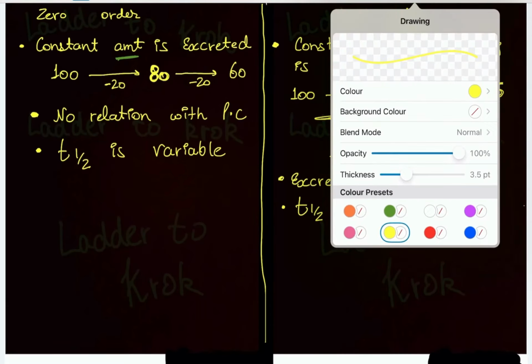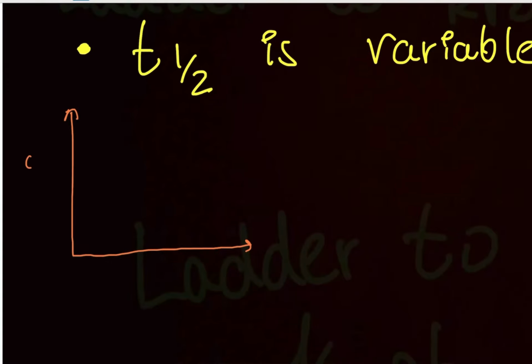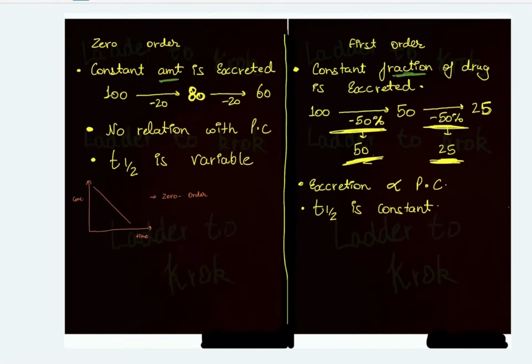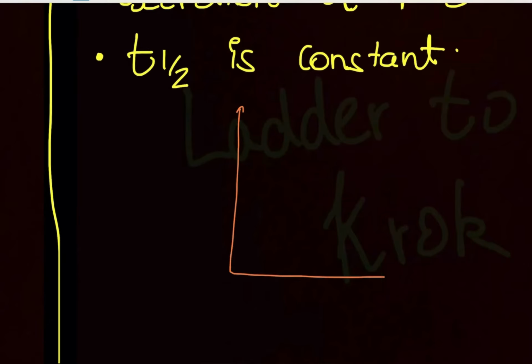For the zero order reaction, suppose here is concentration and here is time, the graph goes like this. But in first order, here is plasma concentration and here is time, the graph goes like this.